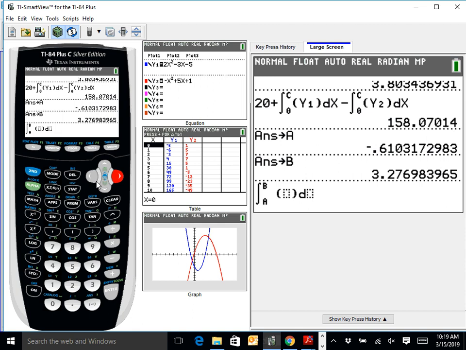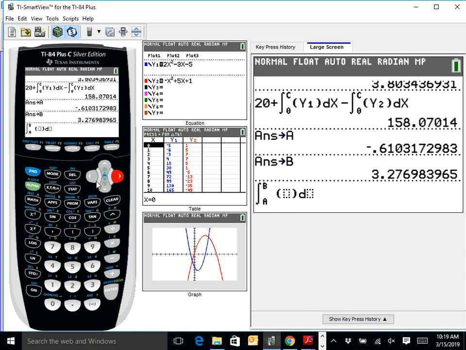I'll just tell you the answer that I get after I type this in. Sorry, I was not anticipating it to die. So I do math 9, integral from A to B. Now what's important is I have to do y2 minus y1 if I want the answer to come out correctly positive.